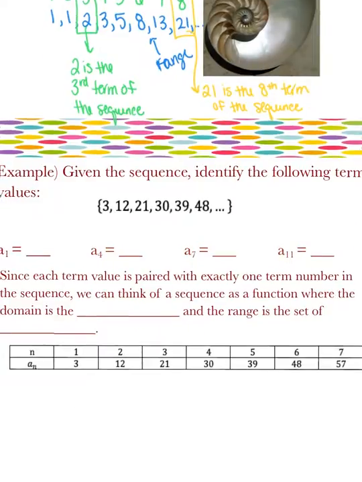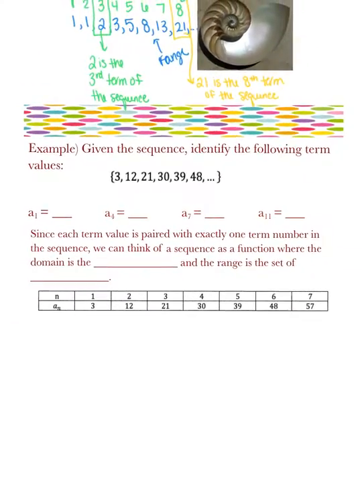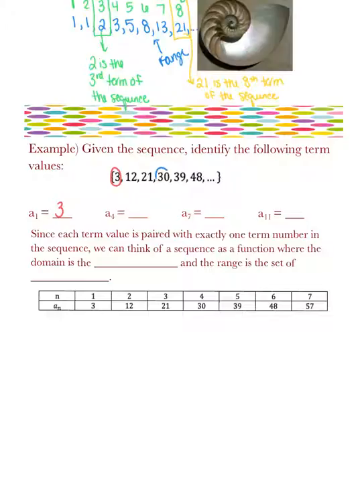So let's take a look at an example. It says, given the sequence, identify the following term values. So a sub 1, the first term, is 3. A sub 4 is 30. A sub 7, so 1, 2, 3, 4, 5, I have 6.